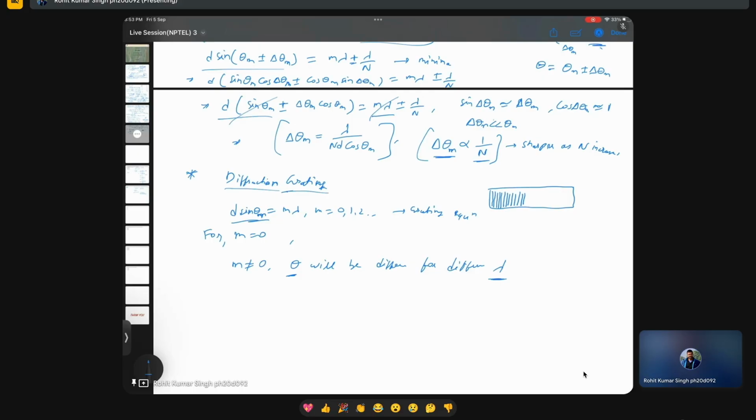And if you differentiate this equation, you will get this. This is called angular dispersion. This is basically how much angular separation there is for a change in wavelength.